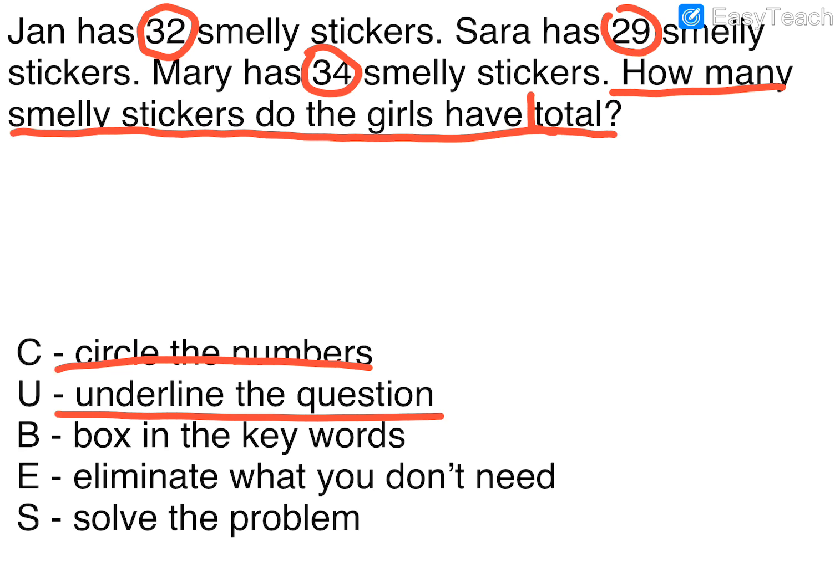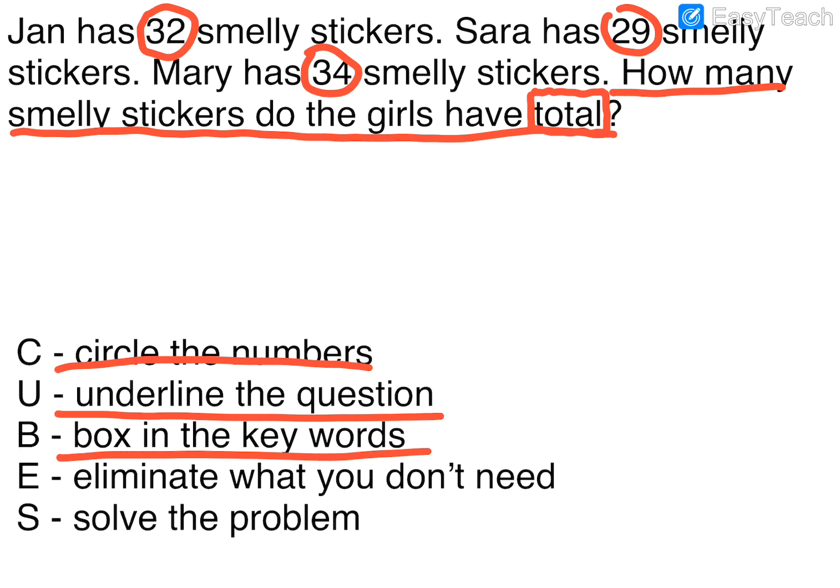The very, very last word here, total, is actually going to give me what I'm looking for. When I have a group of numbers in total, that means we're going to add them all together. We're going to see how many we have all together. So that word total is kind of like the word altogether we've talked about before. So that's going to tell me this is going to be an addition problem.